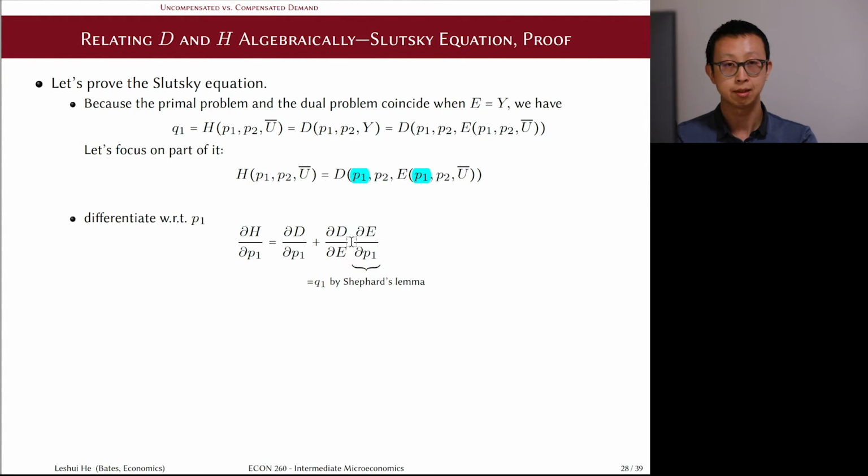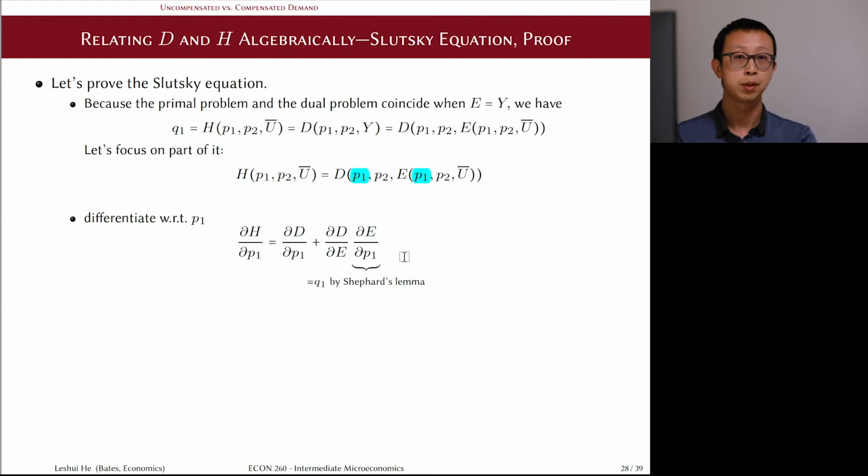And there's a second effect, which is the change in quantity demanded for good 1 coming from the change in the expenditure, given that the expenditure needed to reach the original utility level had to increase. So now we have these two effects combined on the right-hand side.